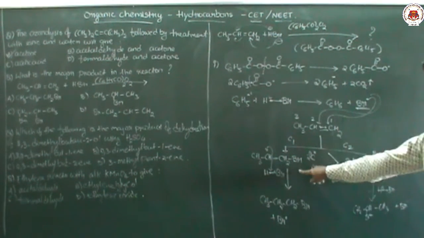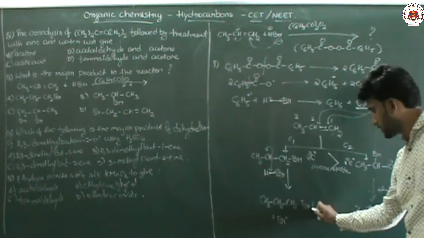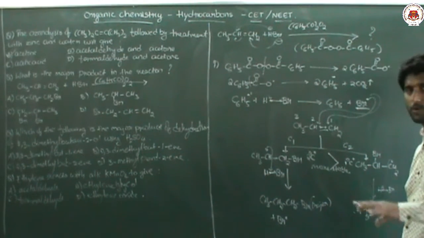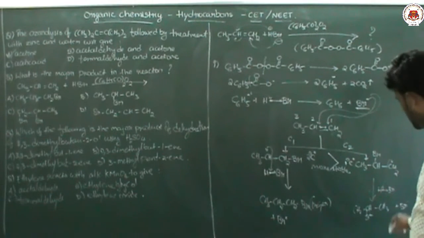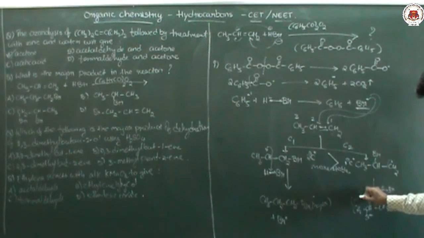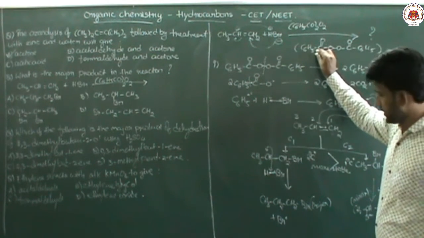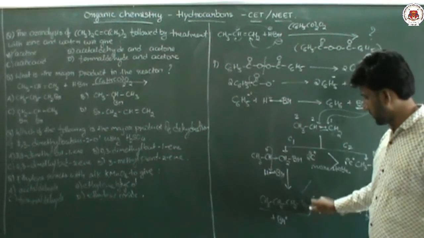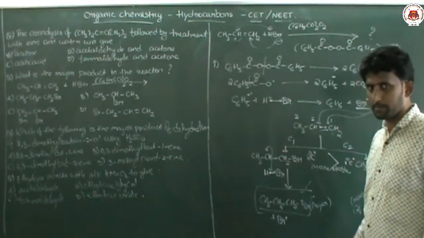Now which is more stable? This one is more stable. So which is the major product now? More stable means proportionately more formed, and less stable means minor. So now you might have understood why, in the presence of peroxide, 1-bromopropane is the major product.